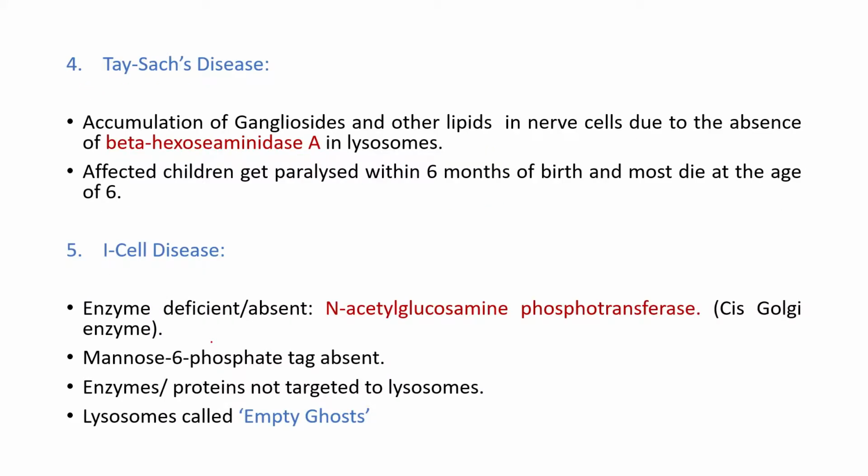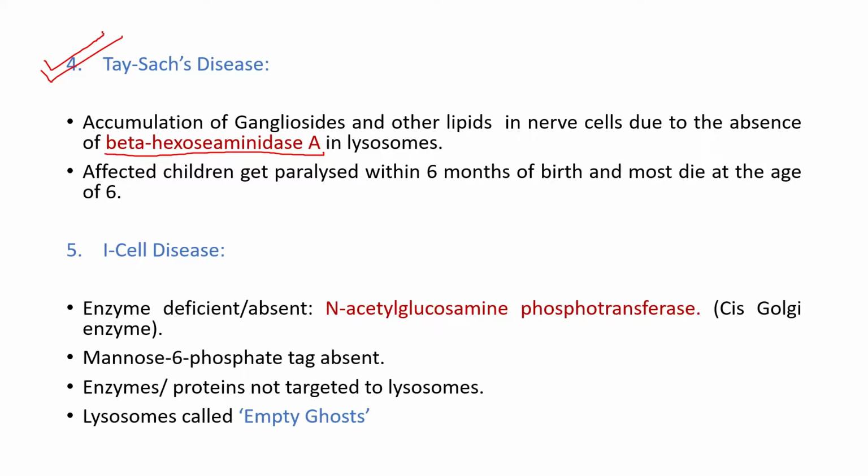Coming to Tay-Sachs disease, there is an accumulation of gangliosides and other lipids in the nerve cells due to the absence of the enzyme beta-hexosaminidase A. Tay-Sachs disease has come in the exam a lot of times. Sometimes they will ask the enzyme responsible for Tay-Sachs disease.